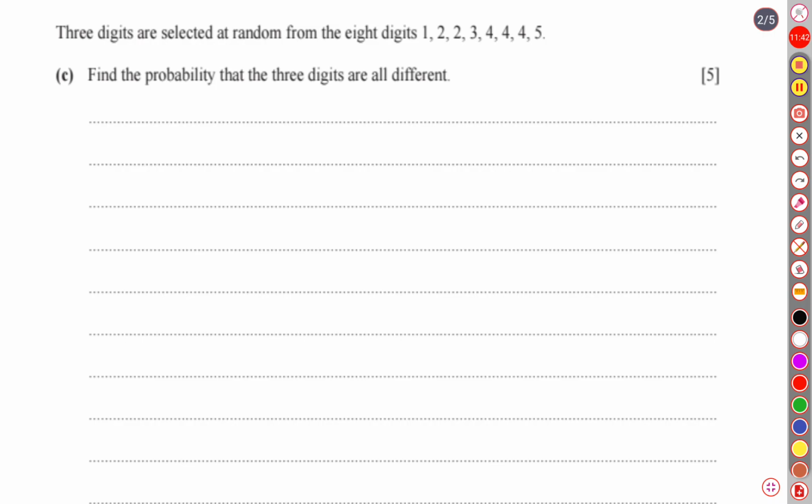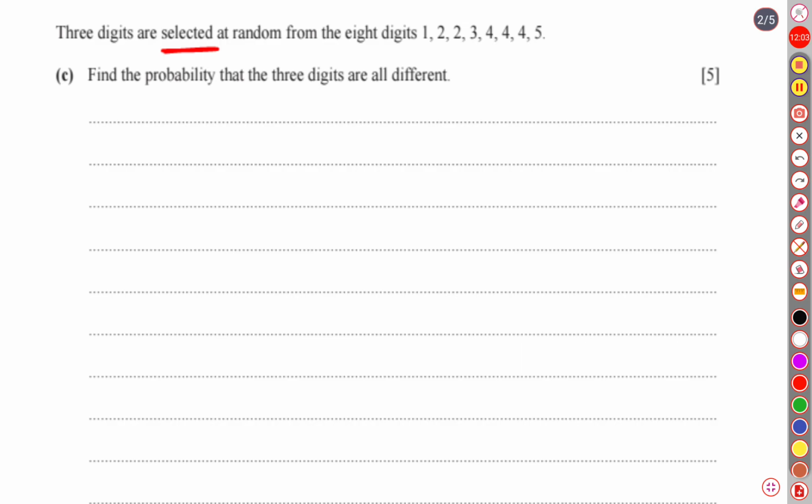So it's very clear and precise that they have selected the digits, so it's no more a concept of permutation. For selection, we always choose the combination formula. So let's see what the scenarios are. They have told that all three digits should be different.